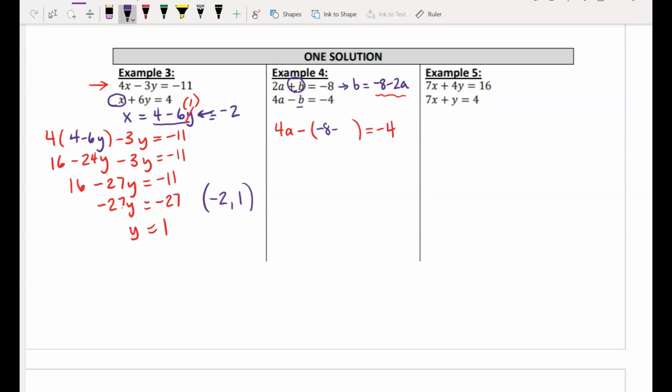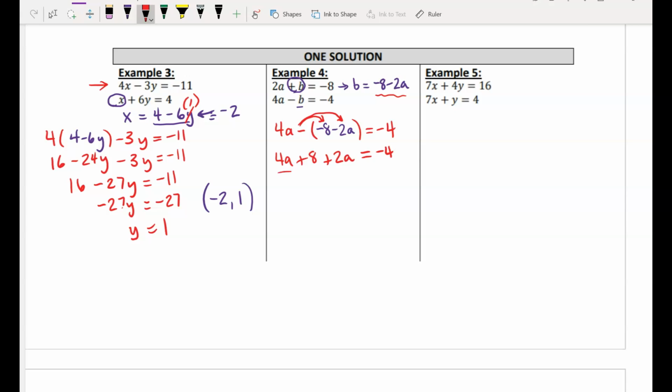So in this group for b, I take out the b and I put in negative 8 minus 2a. Now I need to solve for a. Distribute to get rid of the group. There's a minus sign in front of the group, so I have to distribute a negative 1. Negative 1 times negative 8 is positive 8, and negative 1 times negative 2a is positive 2a.